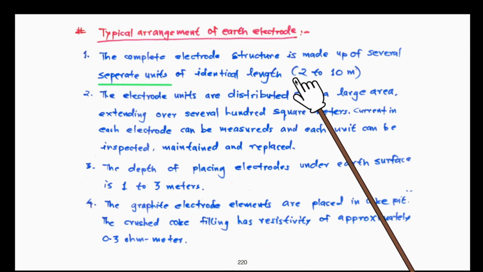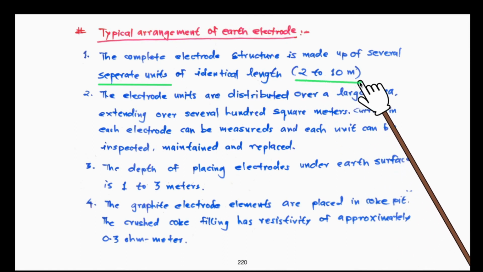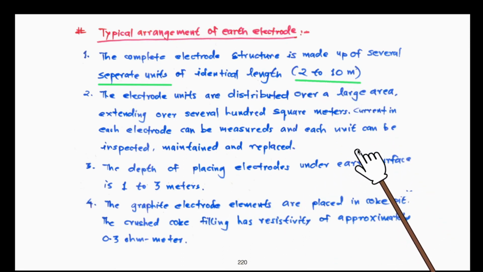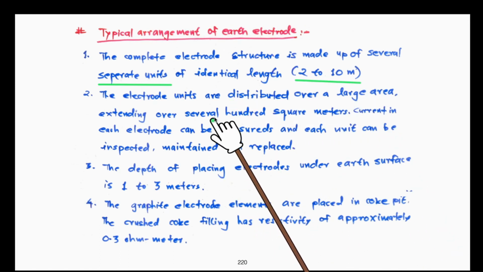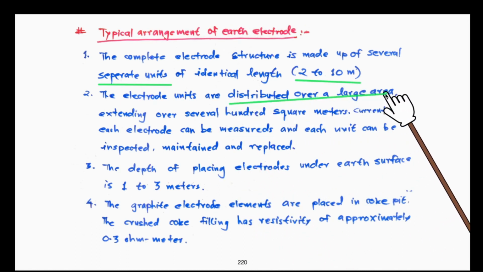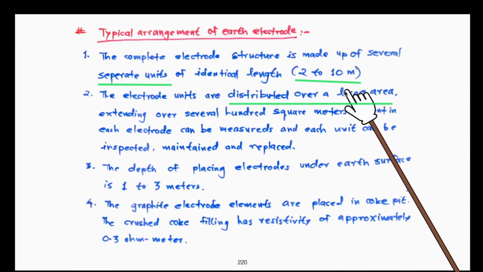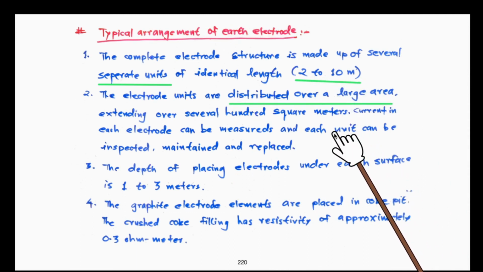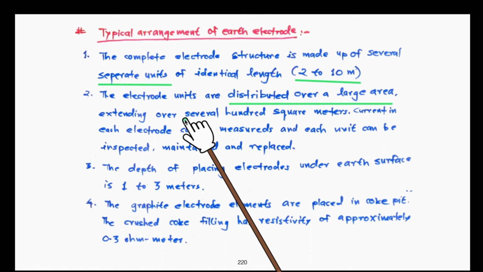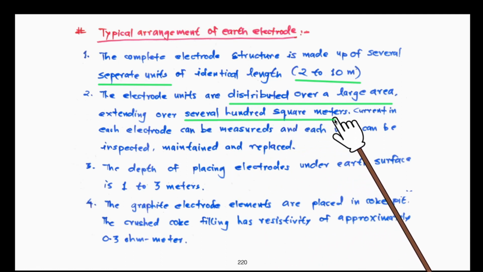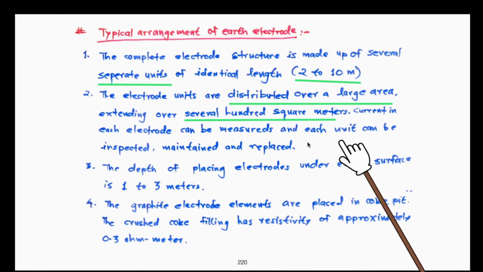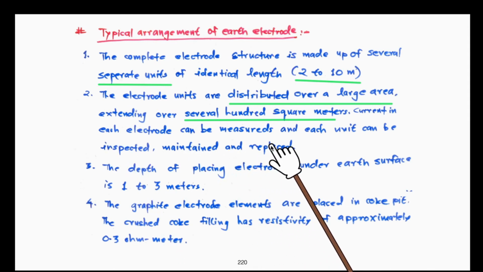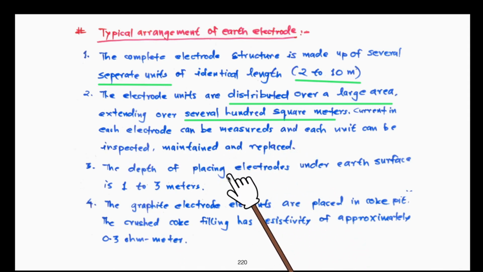They are of identical length, lying in the range of 2 to 10 meters, right? And these are distributed over large area, because their size is large, and the area may be lying in the range of several hundred square meters. Current in each of the electrodes can be measured separately. They can be inspected, maintained, and replaced.